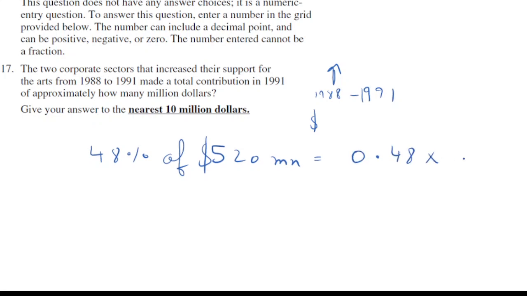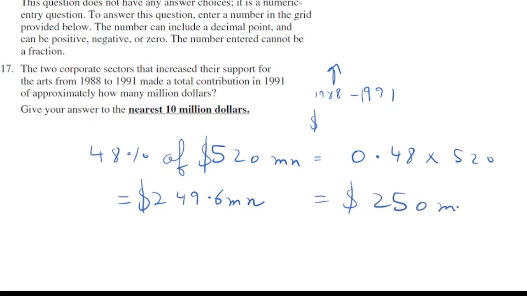So 0.48 multiplied by 520. If you use your on-screen calculator, you can easily find out the value as $249.6 million. Now to the nearest 10 million, we can round it off and say that this is equal to 250 million. Hence 250 million is the answer.